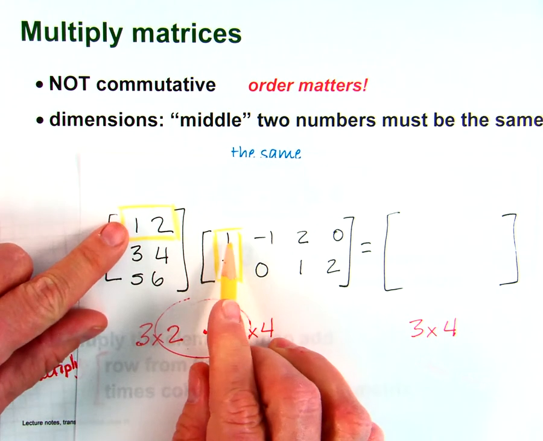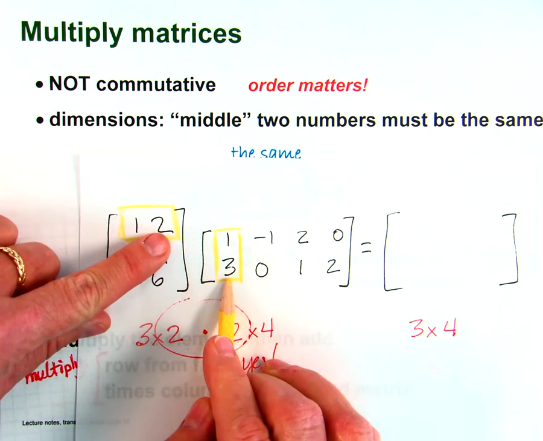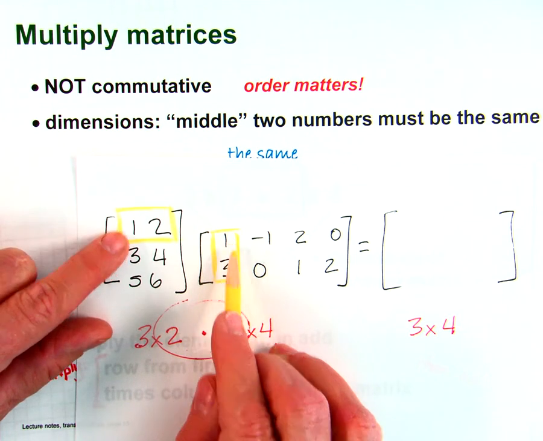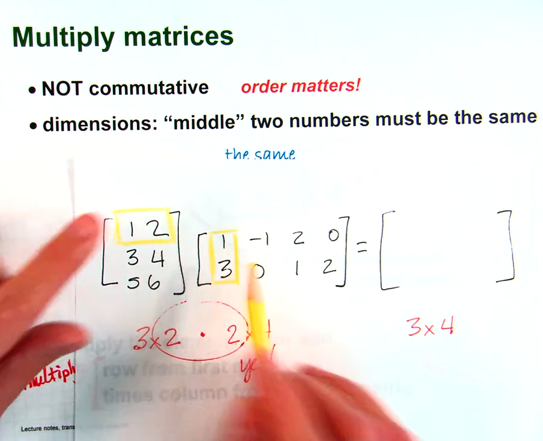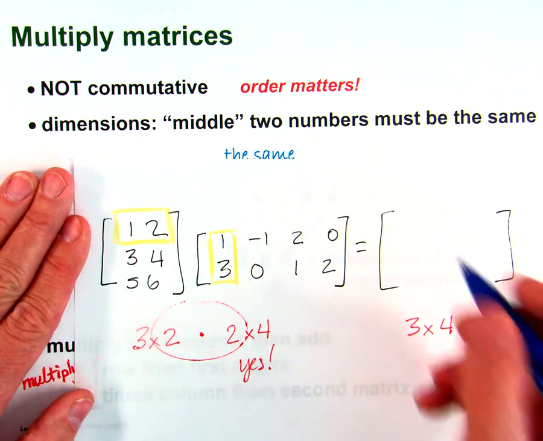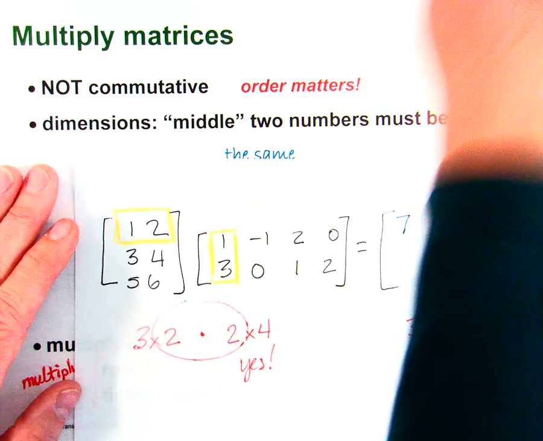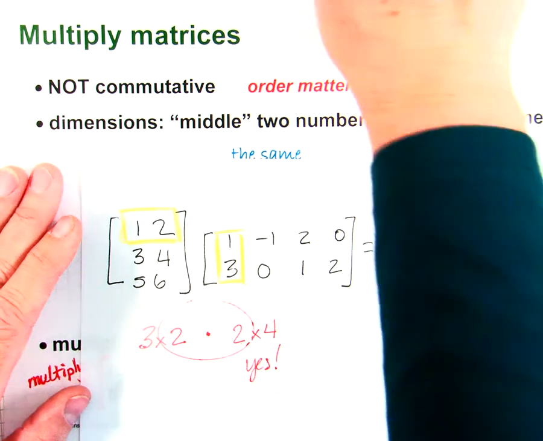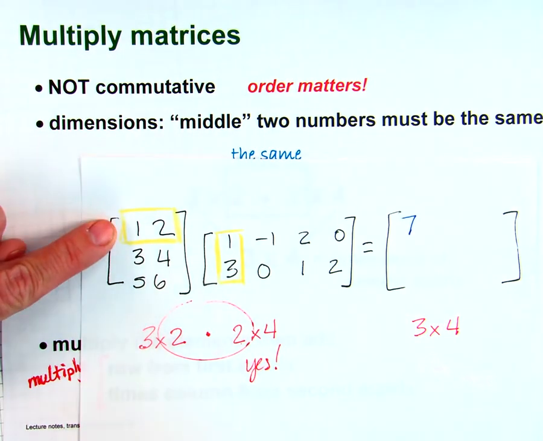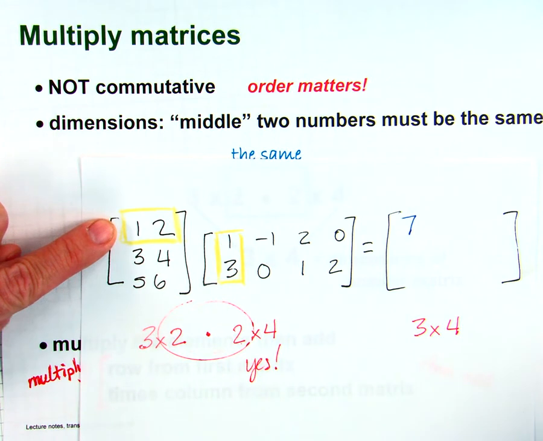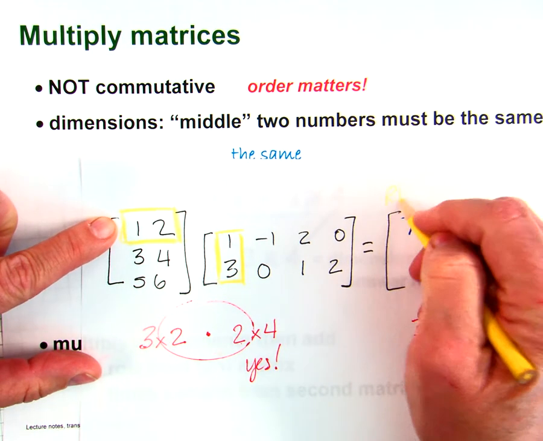We multiply the first elements, we multiply the second elements, and we add the results. 1 times 1 is 1. 2 times 3 is 6. 1 plus 6 is 7. That was row 1, column 1, and the answer goes in row 1, column 1.